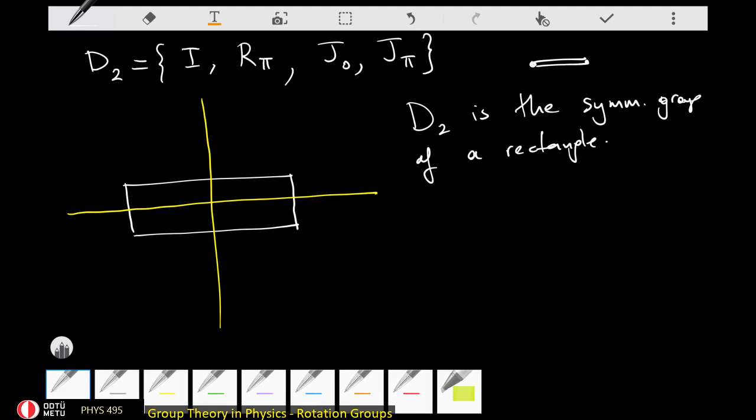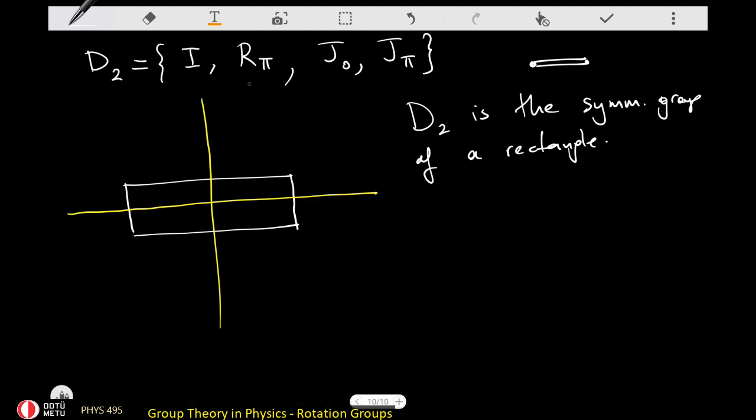We have seen this group in the past. We just called the rotation A. I can describe it like that in here. A is the rotation around the midpoint of the rectangle by 180 degrees.